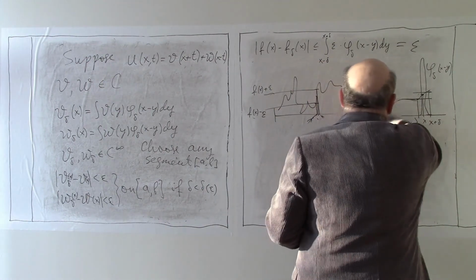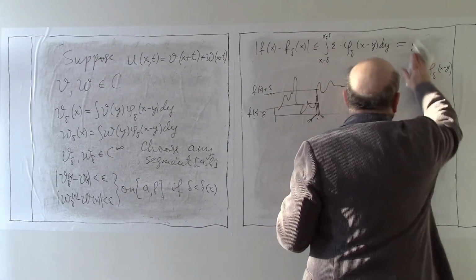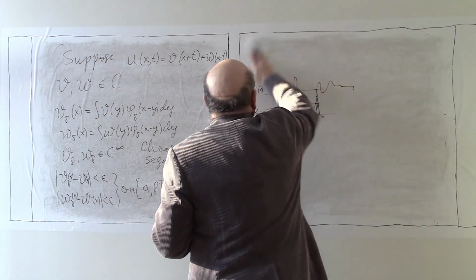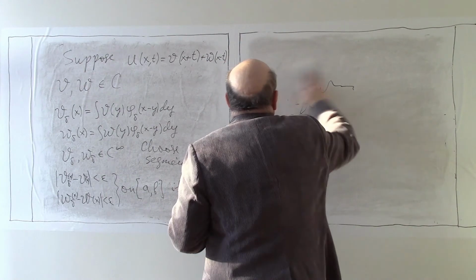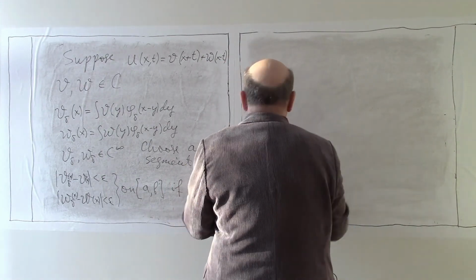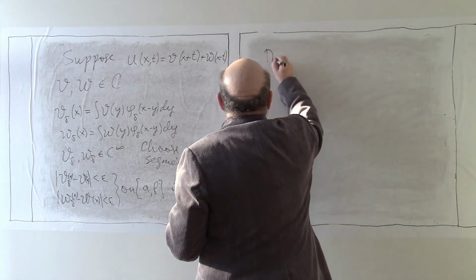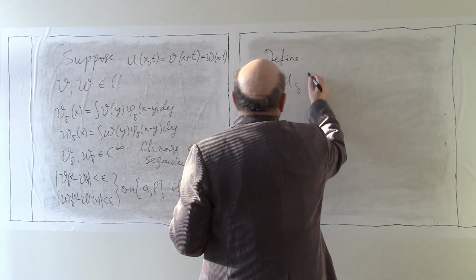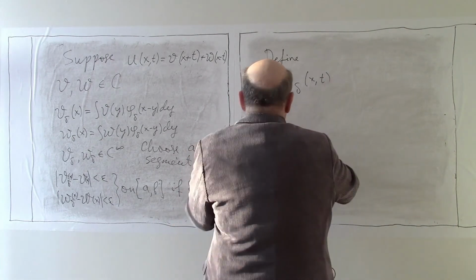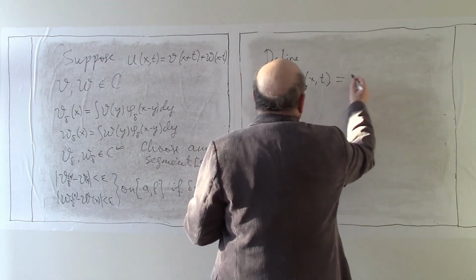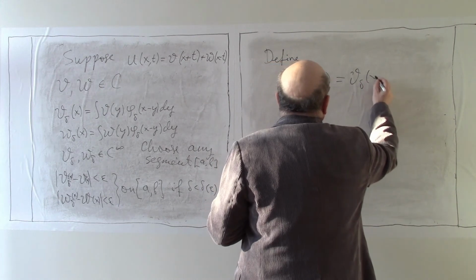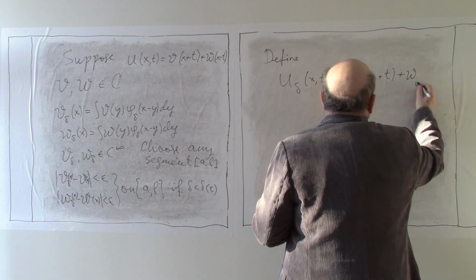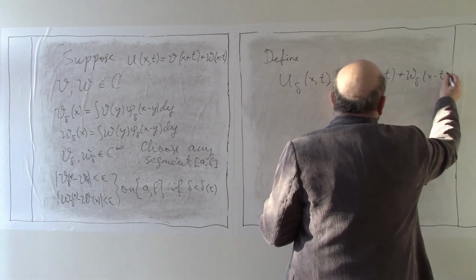And now we have the following. Define u_delta(x,t) equals v_delta(x plus t) plus w_delta(x minus t).